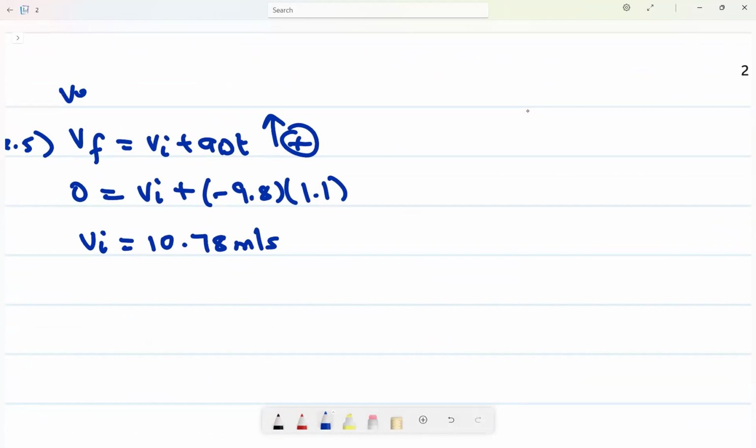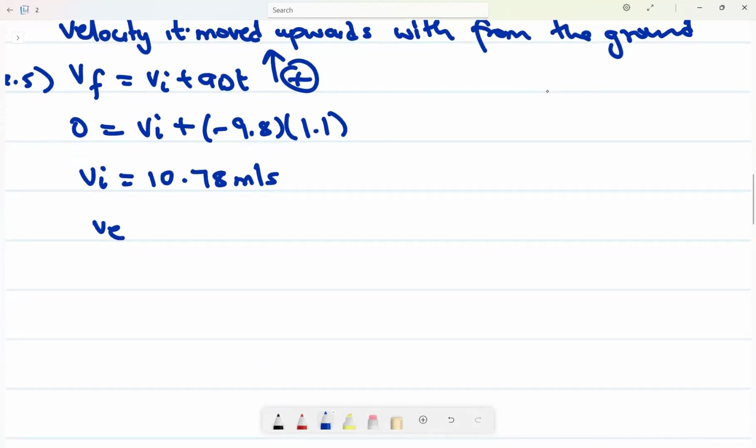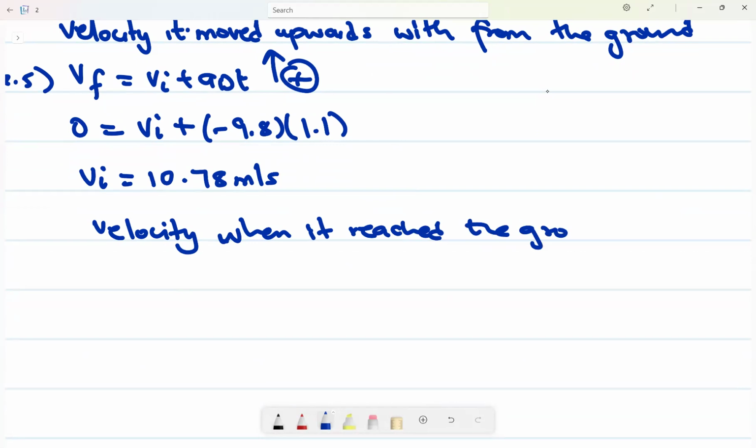This is the velocity it moved upwards with from the ground, but let us calculate the velocity when it reached the ground.